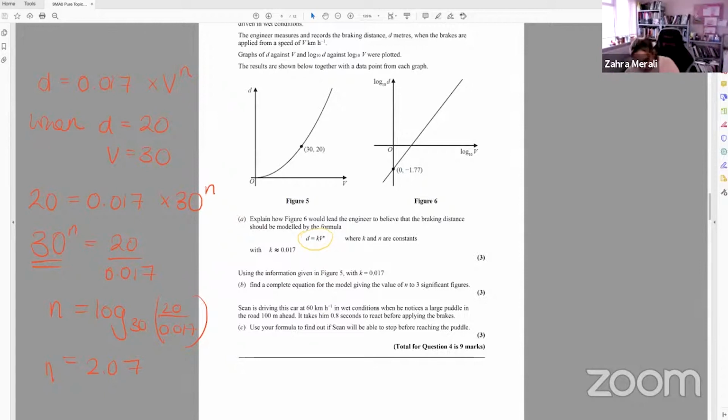So my final complete equation, I'm going to rewrite it, is d equals 0.017 times v to the 2.08.